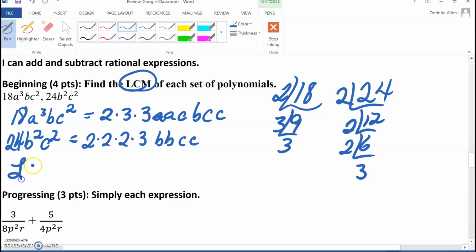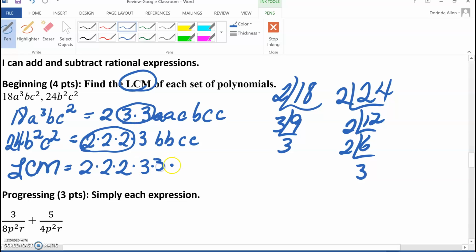So my least common multiple, I need at least 3 2's to be something that 24 can divide into, and at least 2 3's that 18 can divide into, and 3 A's, 2 B's, and 2 C's. So if you multiply that all out, you should get 72a cubed b squared c squared.